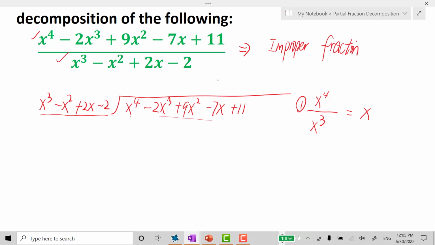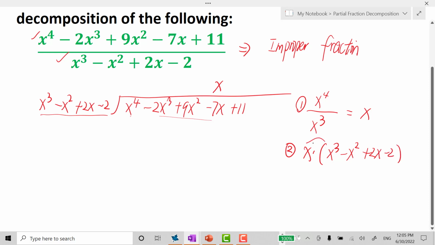Then step 2, we multiply the quotient x by the entire divisor, x cubed minus x squared plus 2x minus 2. Distribute it. The 4 terms: x to the 4th, minus x cubed, plus 2x squared, minus 4x.